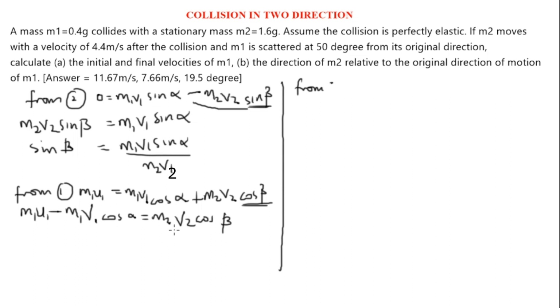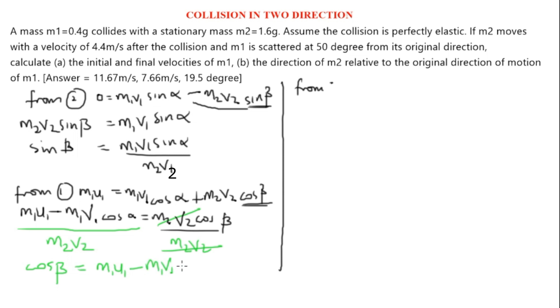If I divide both sides by m2 v2, cos beta will be equal to m1 u1 minus m1 v1 cos alpha all over m2 v2.